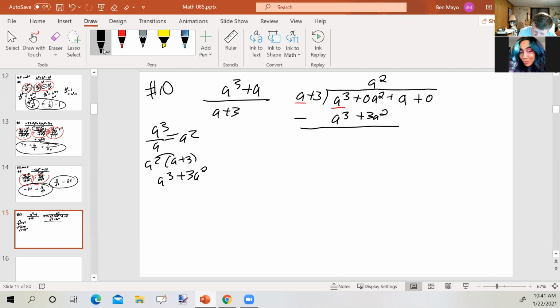Draw a line, subtract that quantity from what's up above, change it to addition of the opposite. A cubed plus negative a cubed is 0. 0a squared plus negative 3a squared is negative 3a squared. Bring down the next term and start the whole process over again. Divide the leading term inside by the leading term outside. Negative 3a squared divided by a is negative 3a.